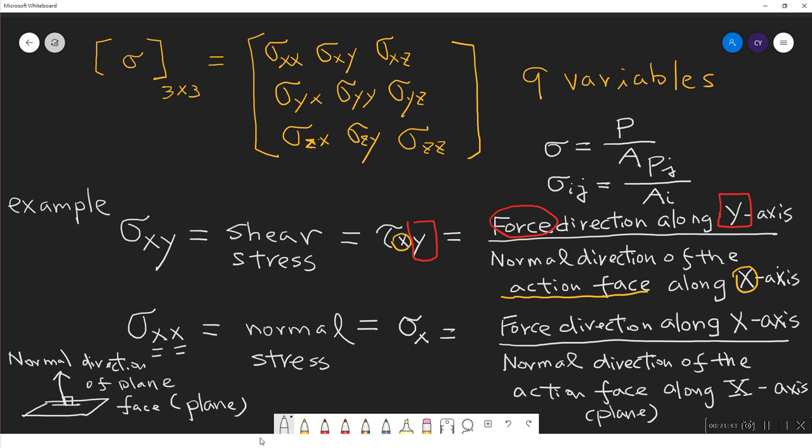So the normal direction of the plane means the vertical direction, we call it the normal direction. So when you see the normal direction of the axis, this is the x-axis. Okay, you may practice.